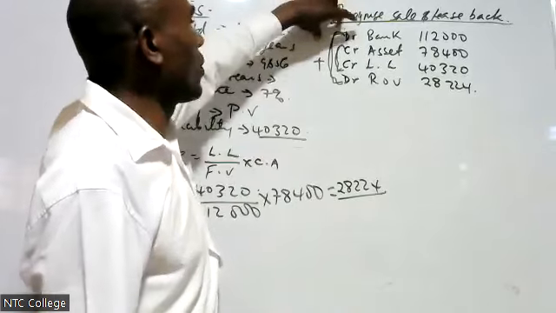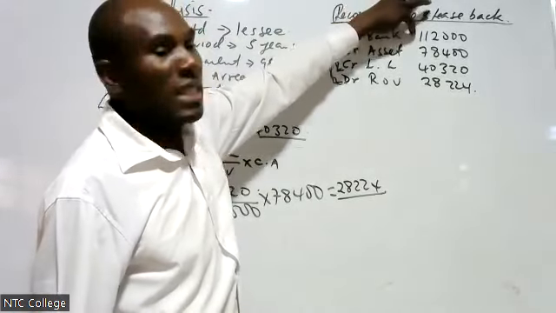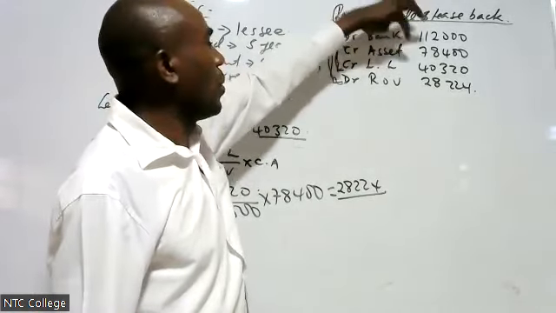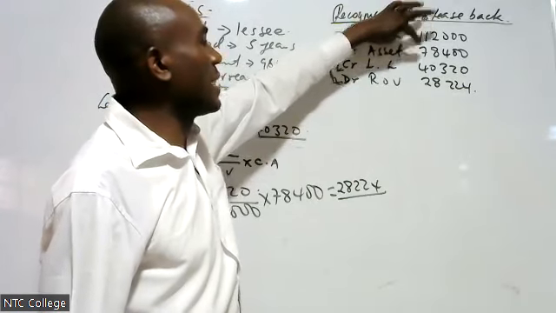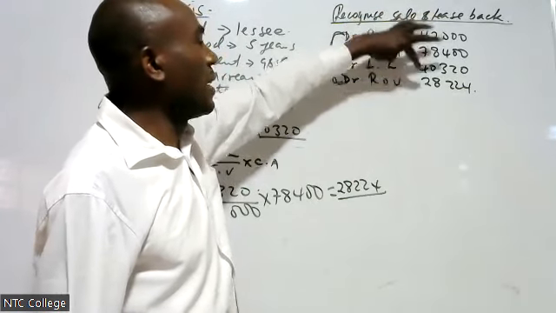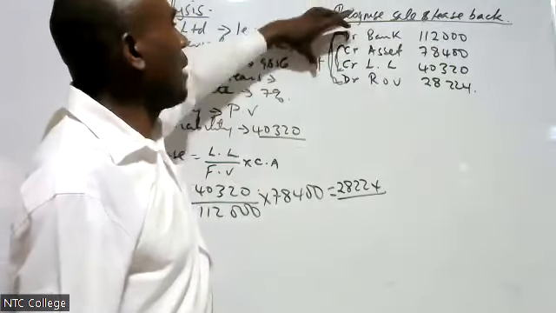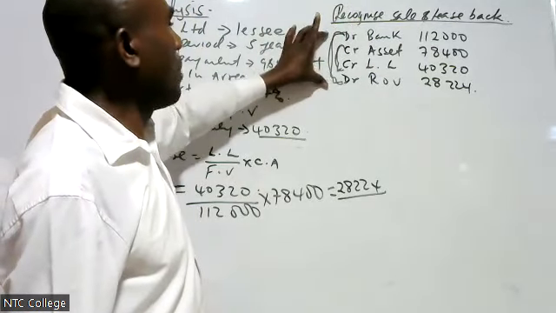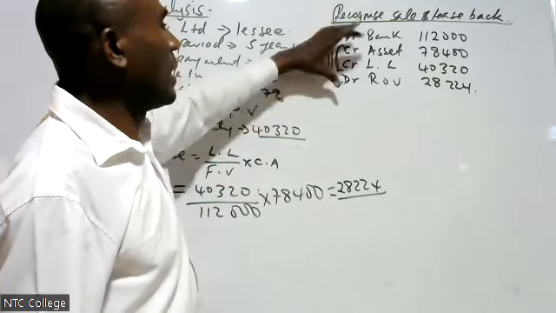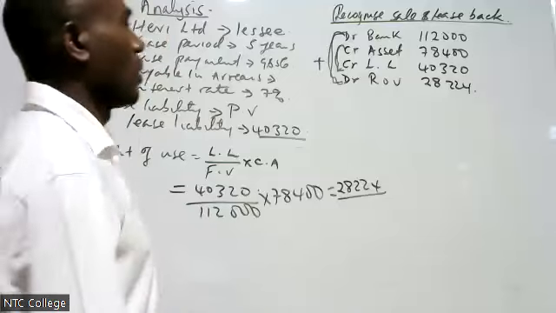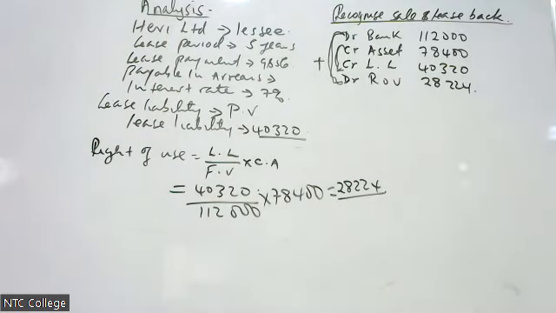In this journal entry, we have what we received, the asset, the lease liability, the right of use. You balance the debits and the credits. The difference is what we call either gain or loss on the rights transferred to the buyer.